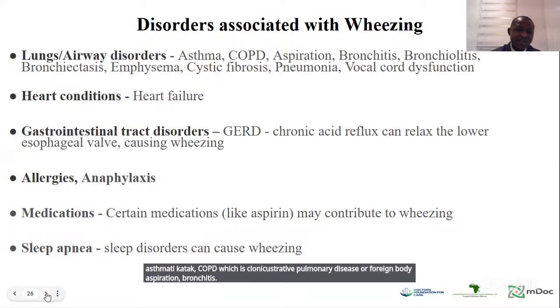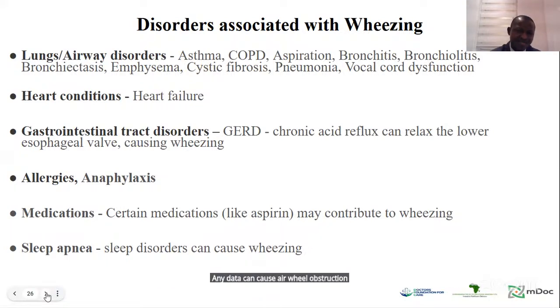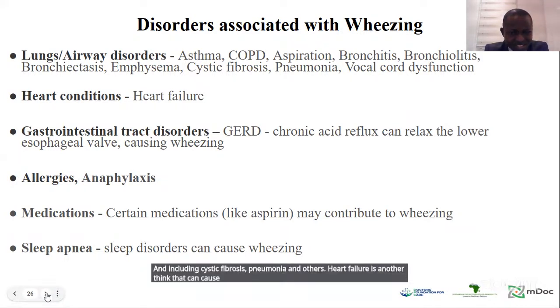Anything that can cause airway obstruction can present with wheezing, including cystic fibrosis, pneumonia, and others. Heart failure is another thing that can cause wheezing, and gastroesophageal reflux disease. Even some medications may contribute to wheezing, and sleep apnea can also contribute. Next slide, please.